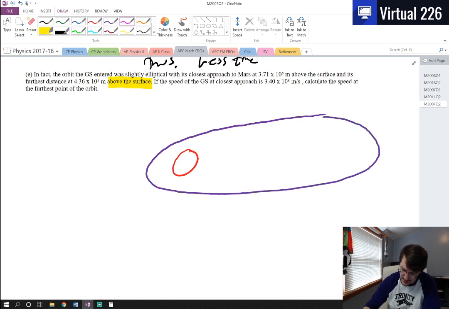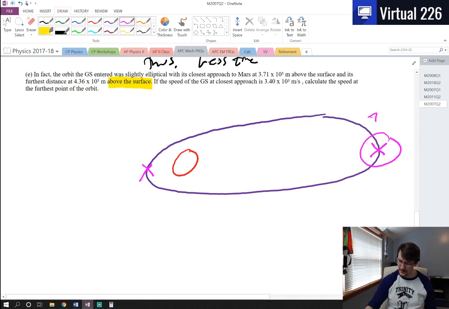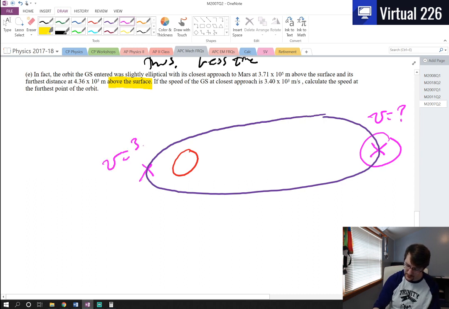Slightly elliptical, with its closest approach here, even though it looks like it's closer on the edges, and its farthest approach out here. What is the speed at this farthest point if the speed down here was 3.4 times 10 to the third meters per second?